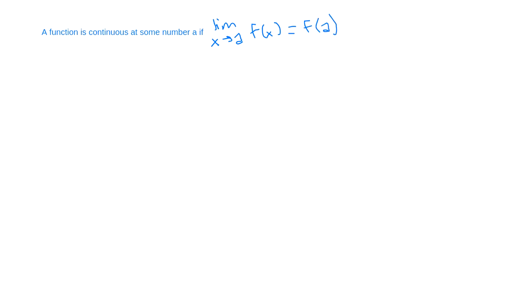So now, if the limit does not exist, or if f of a is not defined, if one of those is true, then our function can't be continuous. So a function can be considered discontinuous if it's not continuous.